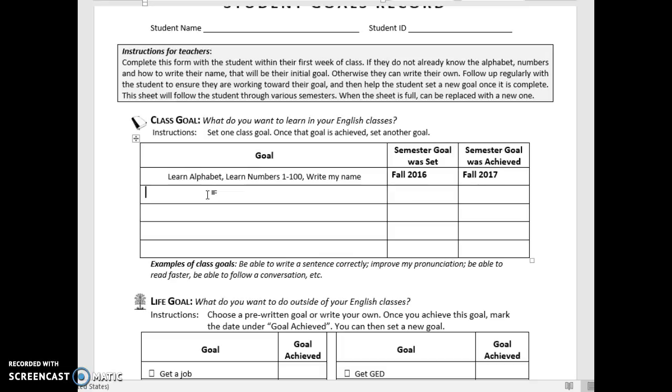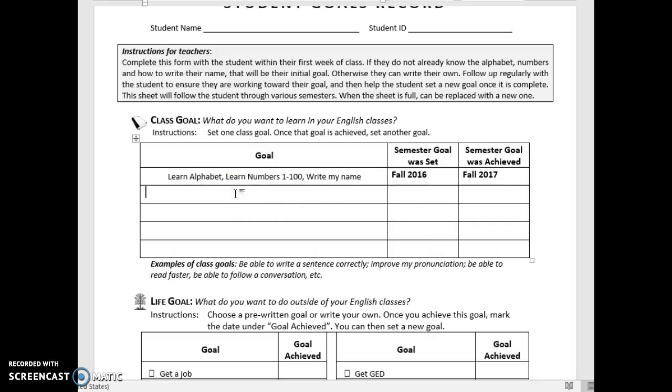Or if the student has come into your class and they are not a beginning level, maybe they're an intermediate level or high beginning, and they don't need to worry about the alphabet and learning their numbers, they're ready to move on to more complicated skills like writing a sentence or things like that. The student would then set the goal that applies to them. They only need this goal if they don't already have that skill. If they have that skill, it is not necessary.